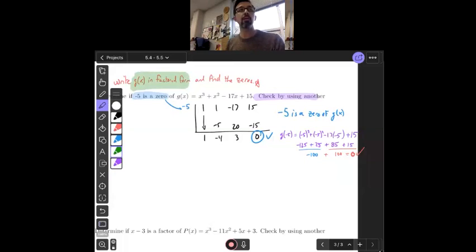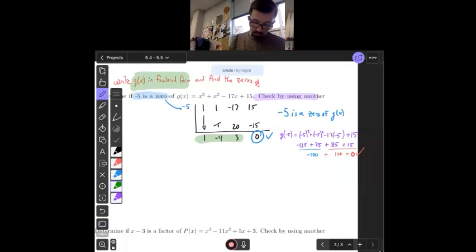Okay. So if you're asked to write the problem in factored form, if they give you a 0 and say, hey, write it in factored form, now what matters is this stuff. Because that's where our resulting polynomial comes from. There's our c value, our constant. Here's our x squared, right?